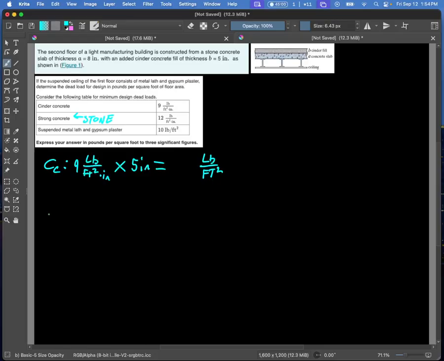And similarly for the stone concrete, we have 12 pounds per foot squared times inch. We're going to multiply this one by 8, since the stone concrete is a thickness of 8 inches. Again, this should give us pounds per foot squared.